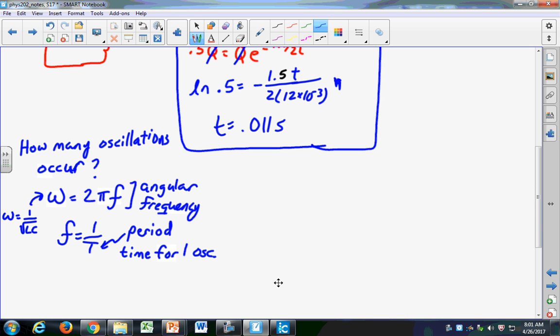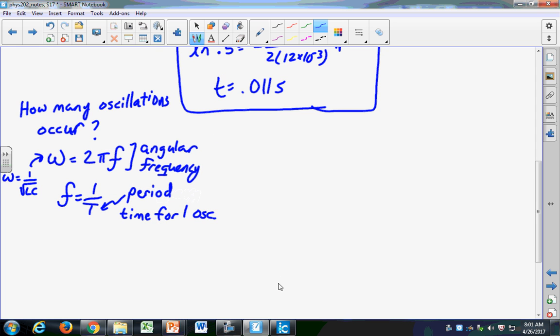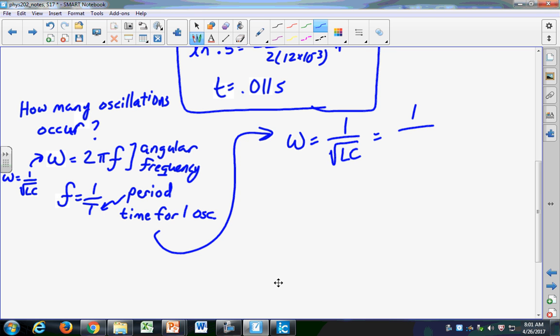So I can go about this by finding first what is omega. It's 1 over the root of LC. That's 1 over the root of 12 millihenries, 12 times 10 to the minus 3 henries, times C, which is 1.6 times 10 to the minus 6 farads.